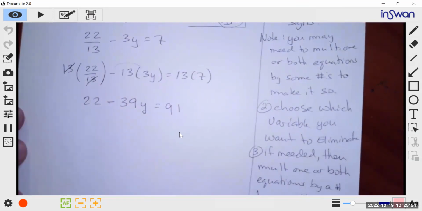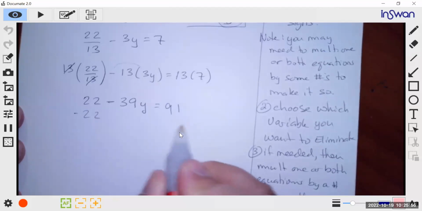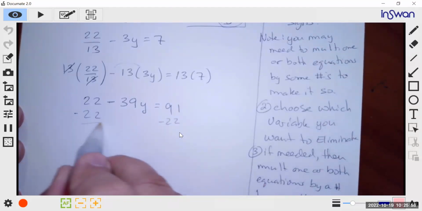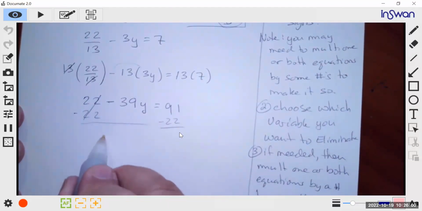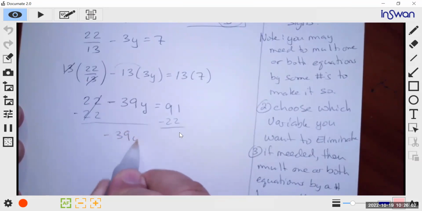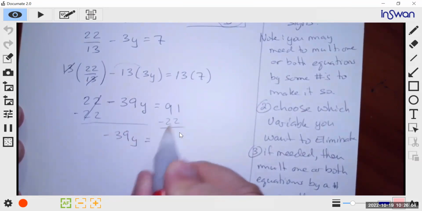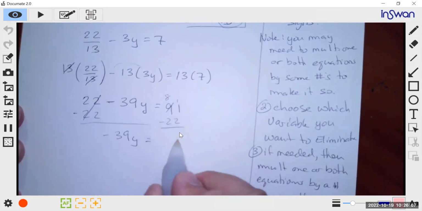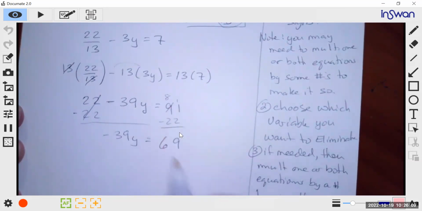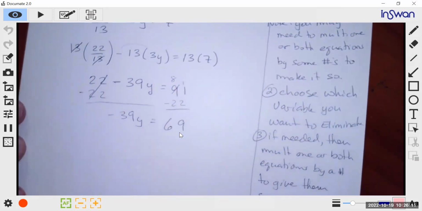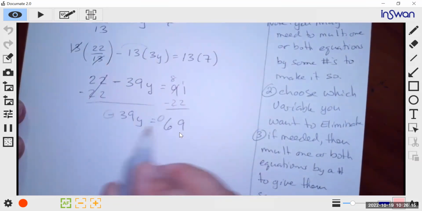Solve for y. Subtract 22. So 8, so it's 969. Change the signs.